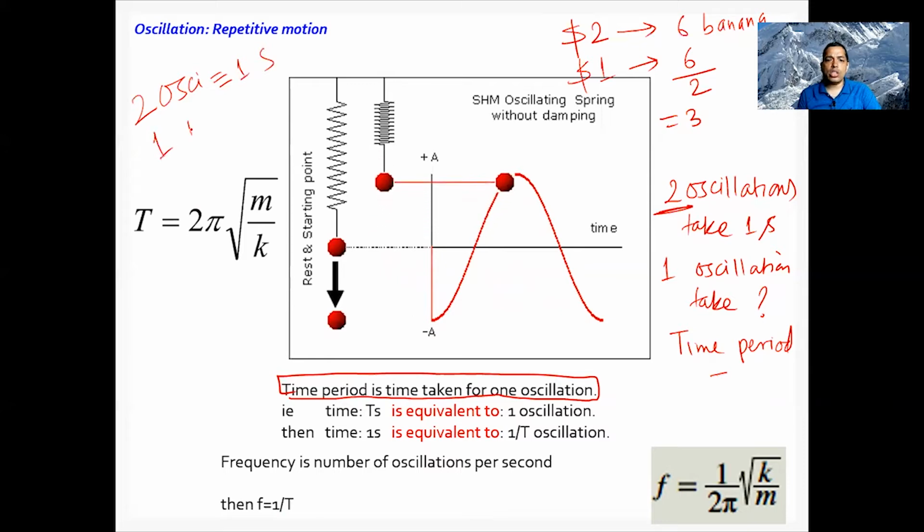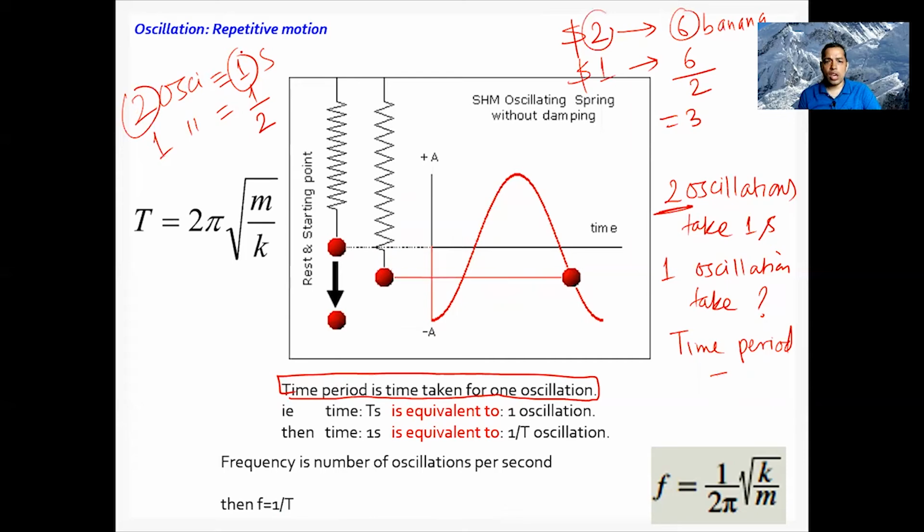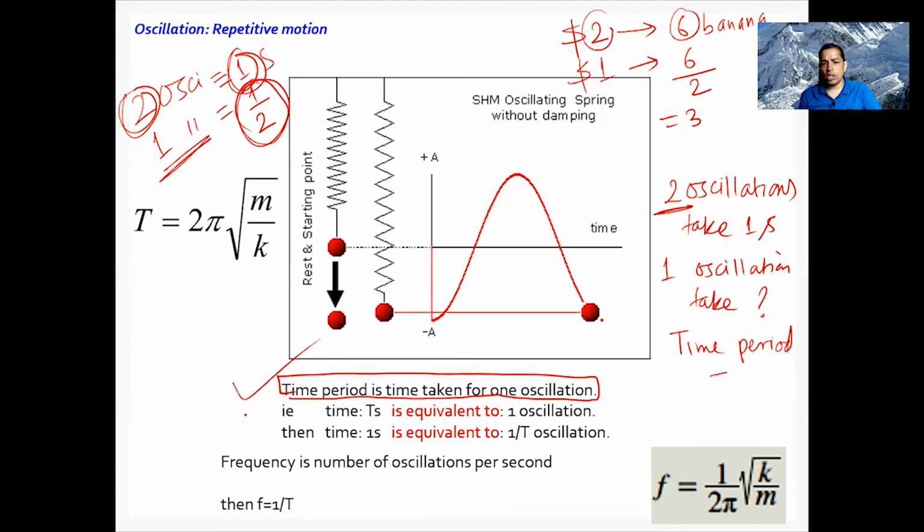How about 1 oscillation equivalent to? One oscillation is equal to 1 over 2. How do I know? Divide this by that. In this case, we divide 6 by 2. In the same way, here we divide 1 by 2. So this time for one oscillation is called time period, right?